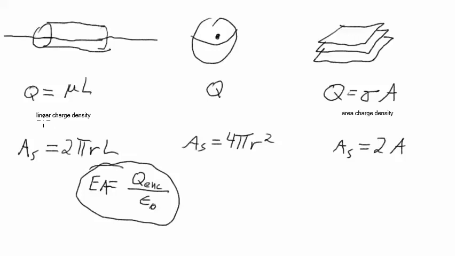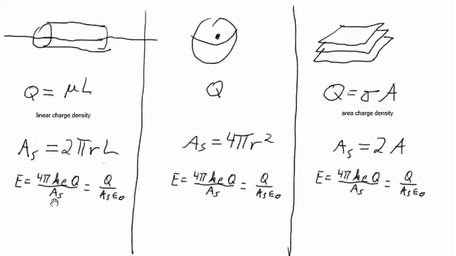It's quite easily done because for each geometry now we have a Q enclosed, being what's in the top row here, and a surface area being what's in the second row. Okay, now I've got the identical equation for electric field from Gauss's law in all three columns.